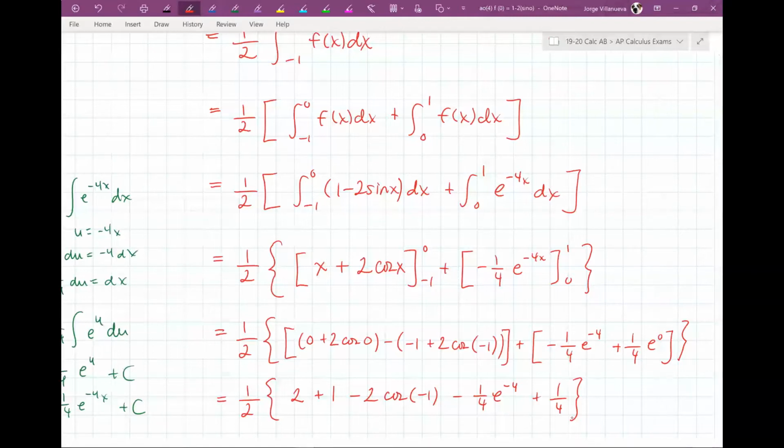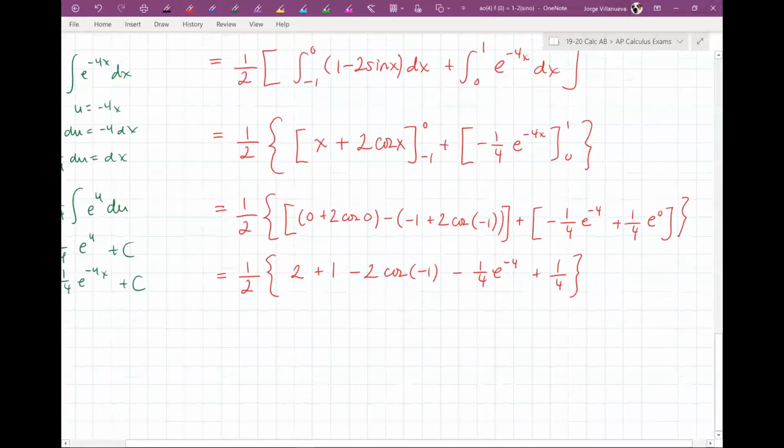What can I combine here? 2 plus 1 is 3, and 3 plus 1/4 is 3 1/4, that'd be 13 over 4. That's combining 2 plus 1 plus 1/4, minus 2 cosine of -1, minus 1/4 e to the -4.